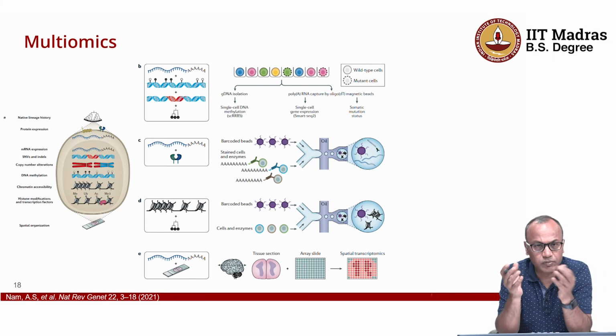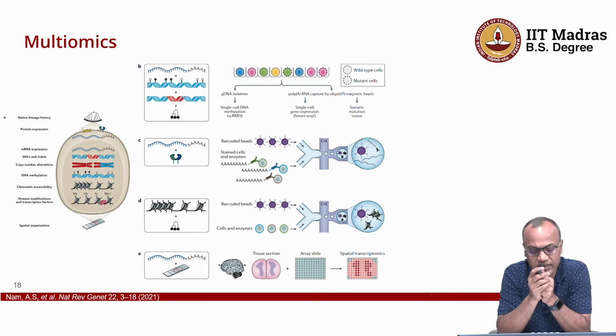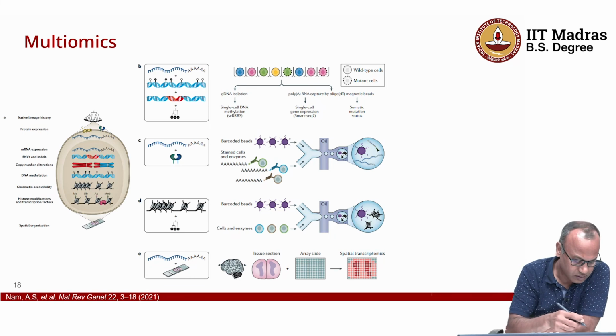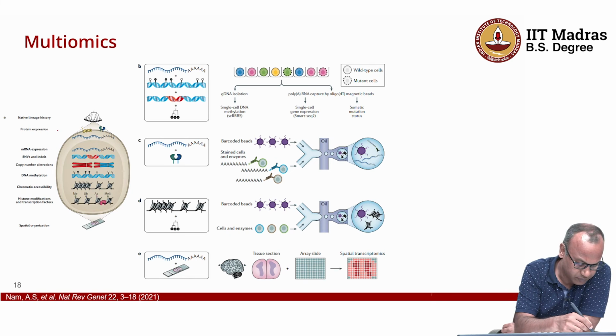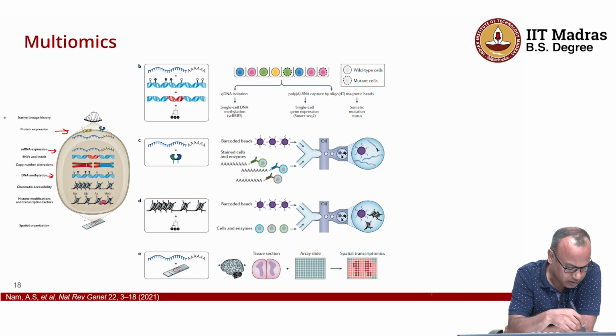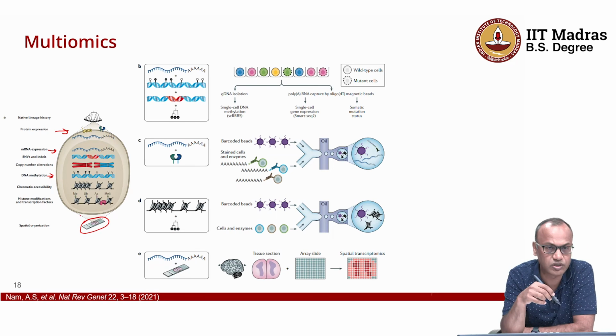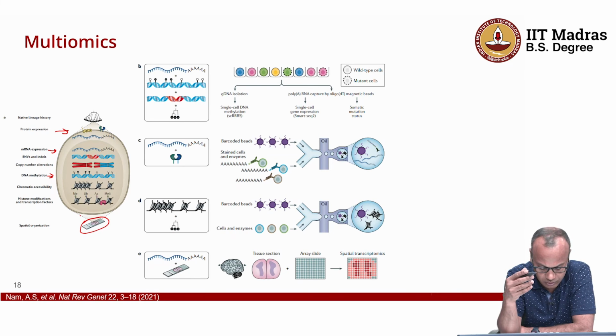Finally, there is multiomics. So you can do multiomics at a single cell level as well. As we saw, you have mRNA expression, transcriptomics, methylation, epigenomics, and protein expression, which is proteomics, and then you can also get the spatial organization, as we saw in the brain tissue.